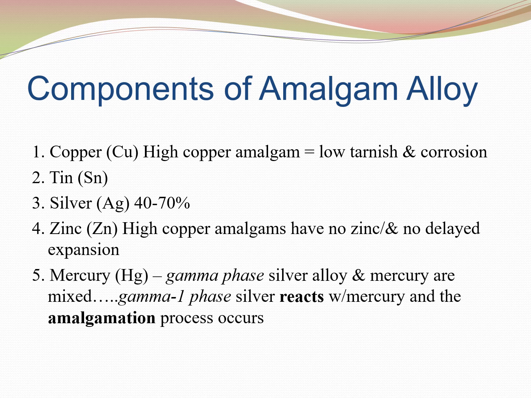I did put all of the chemical symbols in there as well. There is a gamma phase silver alloy in mercury. That's when your gamma phase 1, the silver, is reacting with the mercury, and that's when your amalgamation, or the mixture of the silver and the other products, is occurring.